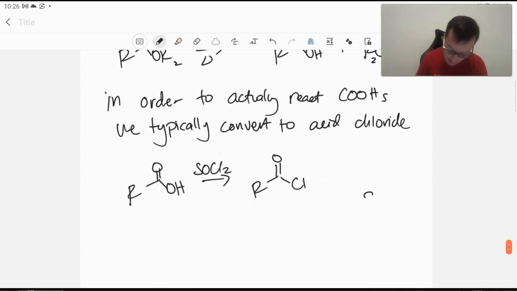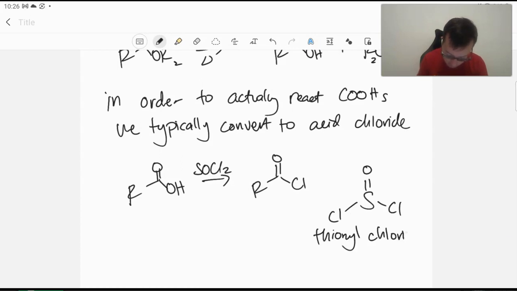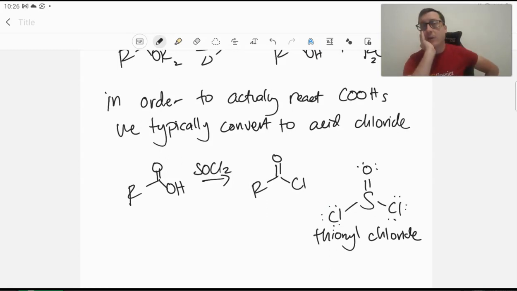So that's this thing, this thionyl chloride. If I remember correctly, you've used this before in reactions of alcohols, putting a chlorine where the alcohol was, with the same stereochemistry.